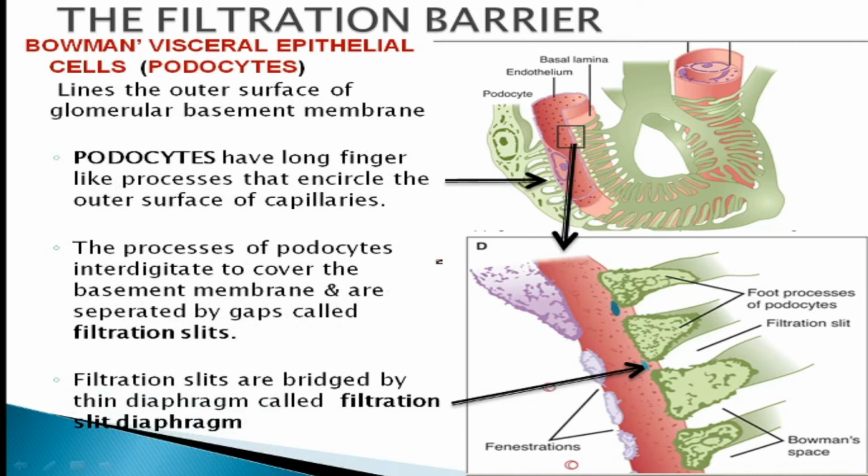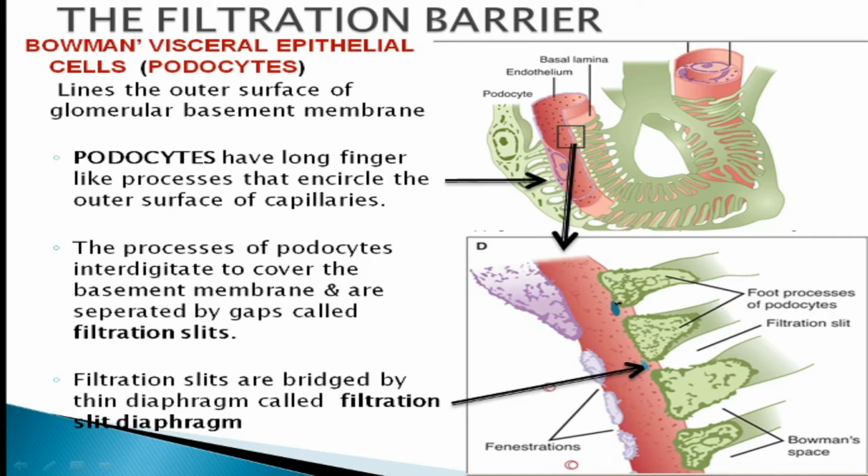Podocytes, as I already told, are long finger-like processes which are encircling the outer surface of the capillary. Just imagine that this is the capillary, and the capillary is being encircled by long finger-like processes which interdigitate and are separated by small gaps.